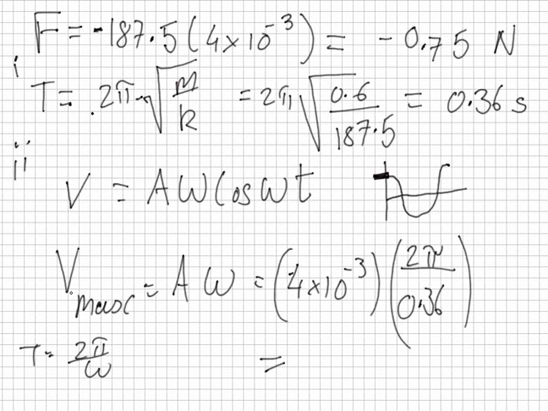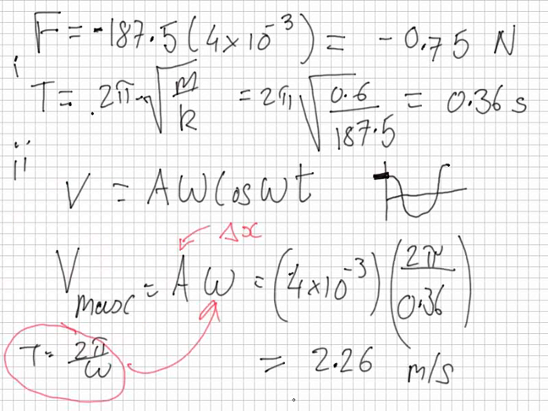Okay, so what is that then? 2.26 meters per second. So I used this here to give me the omega, and this here is the delta x. 2.26 is omega.